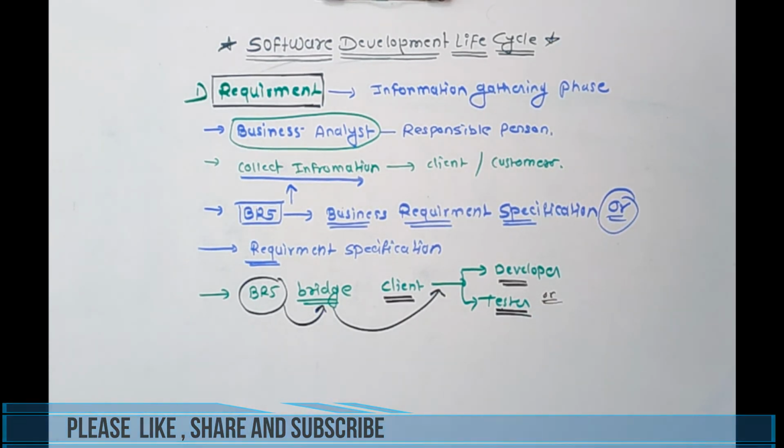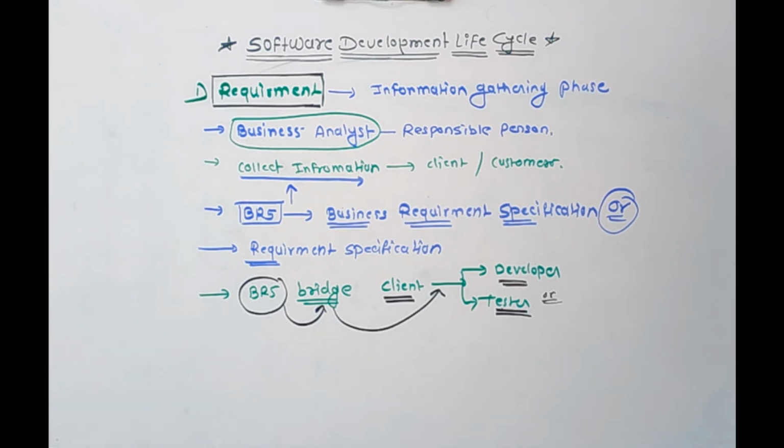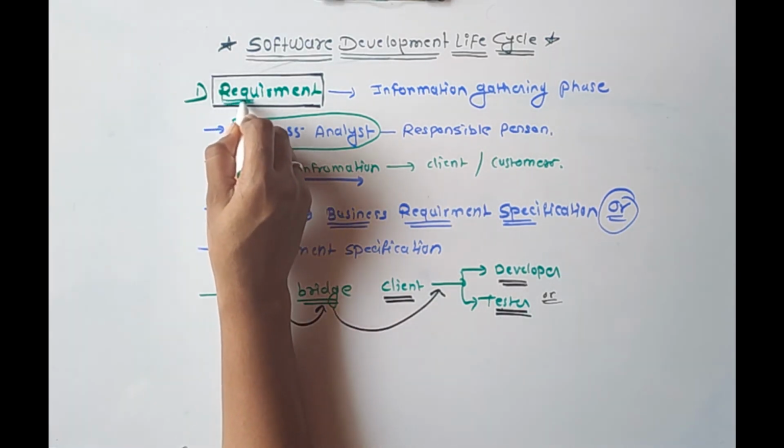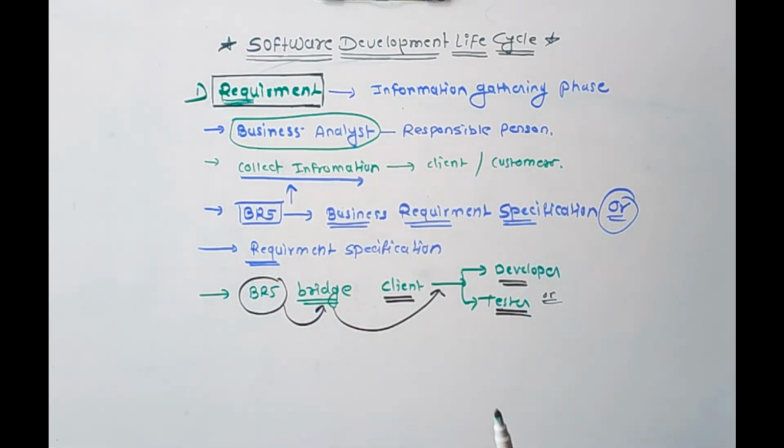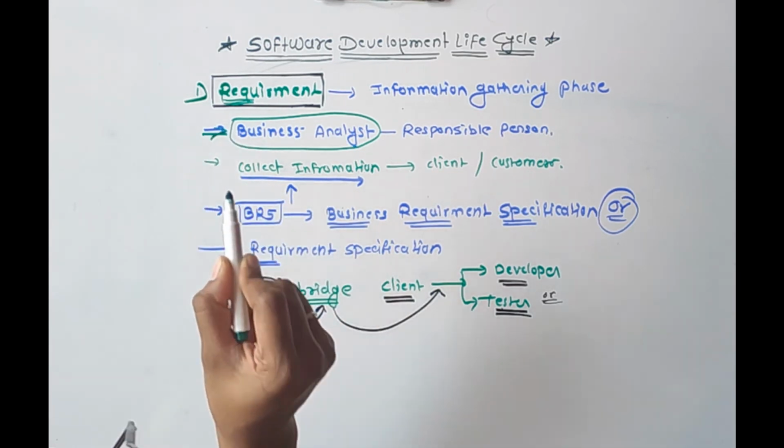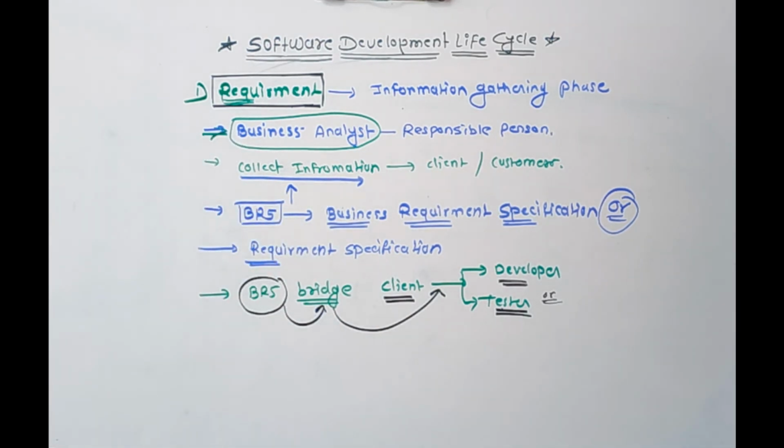This is all about the requirement phase. Again, a short recap of this requirement phase: we call it the information gathering phase. The business analyst is the only person responsible for the information gathering.